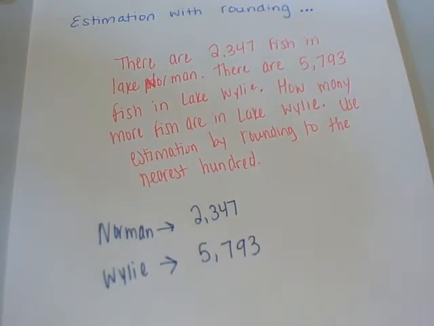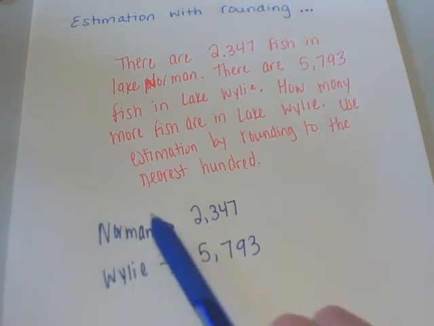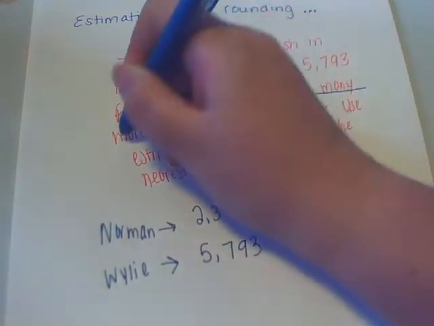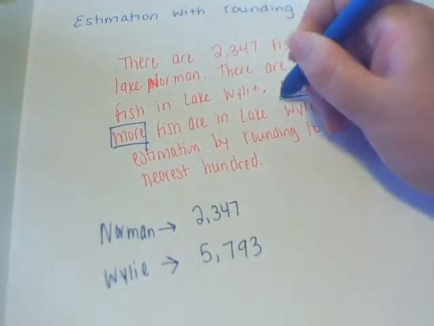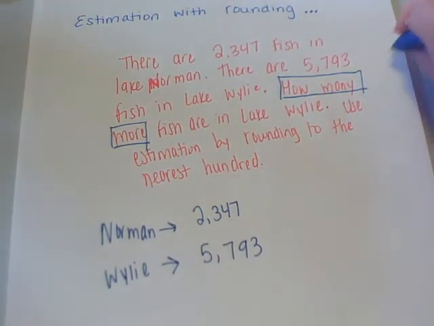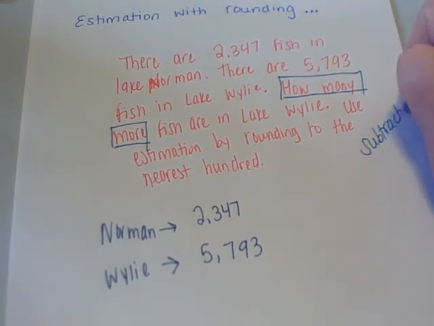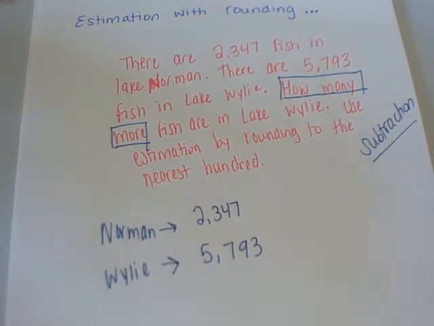I needed to figure out how many more fish were in Lake Wylie than Lake Norman. Well, just like we talked about before, how many more? Always, always, always means subtraction. Okay? But it doesn't want me to just subtract these two numbers. I have to round them to the nearest 100 first.